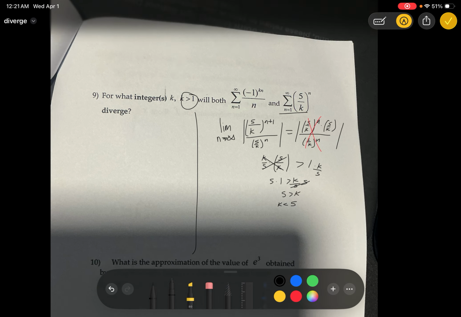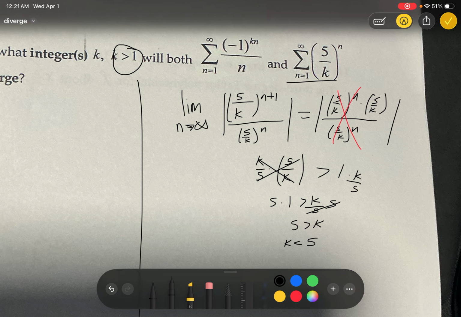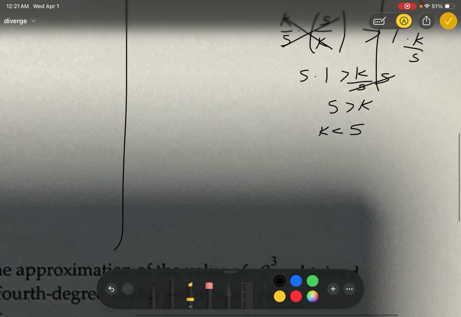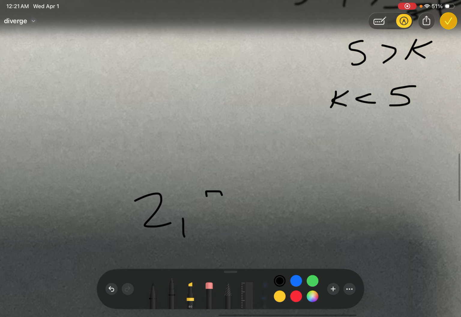So we already got our intel for this problem. k is greater than 1 and k is less than 5. So your answers could either be 2, 3, or 4.